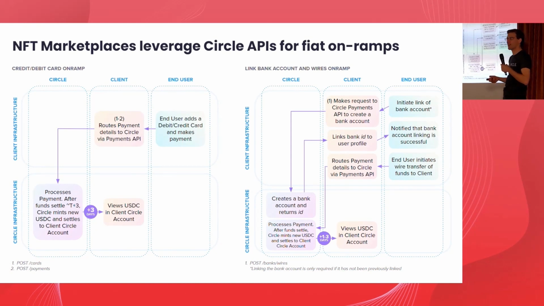That's bank wires and transfers and stuff like that. And so instead of you having to find a whole new payments provider and work out another contract and another API and a new flow of funds, we give you basically the same API for those new bank transfers. It's the exact same thing: you get the user's bank information, you give it to us, we perform the transfer, and then we give you back that USDC in the exact same Circle account as you were using for credit cards.